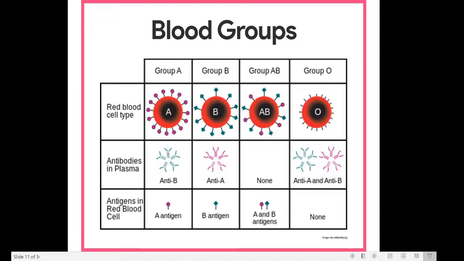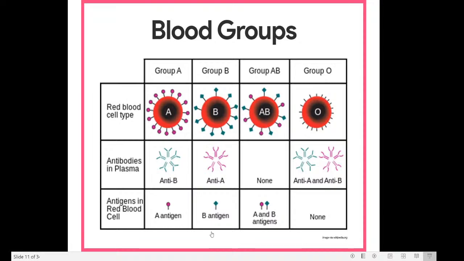Based on the RH factor we can explain the concept of O positive and negative.